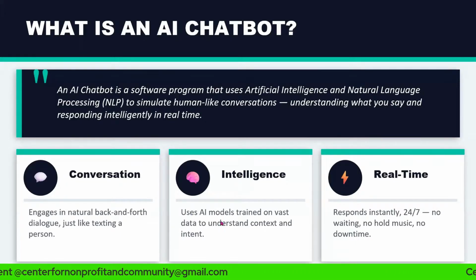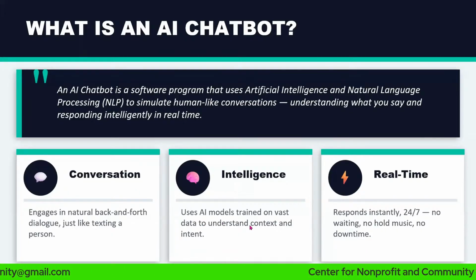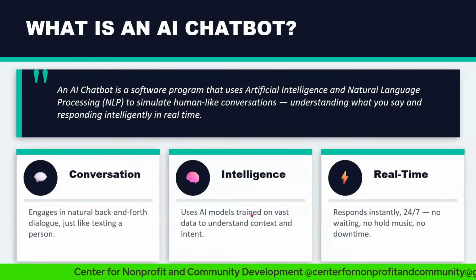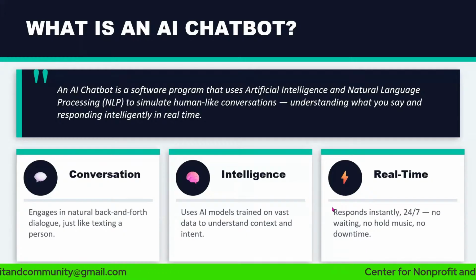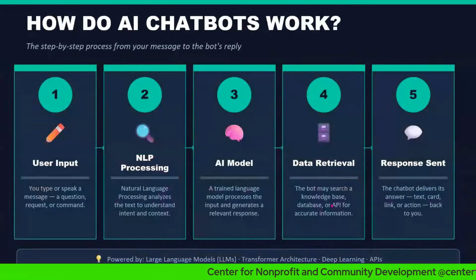Intelligent: it uses an AI model trained on vast data to understand context and intent. And then real time: it responds instantly, 24/7. No waiting, no hold music, and no downtime.